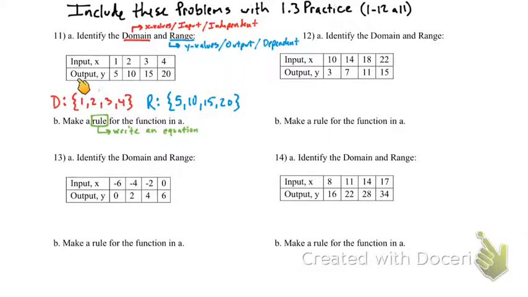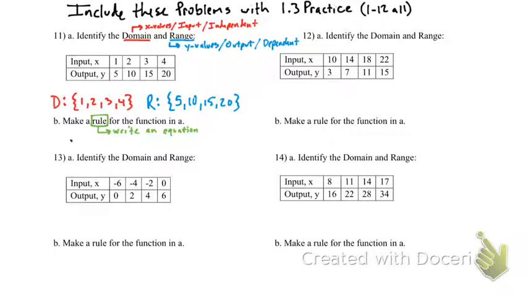You always want to look for the variable that represents your Y value. Okay? This is your dependent variable. So if you look, my output has a variable of Y. So because it has a variable of Y, that's how I want to start my rule.